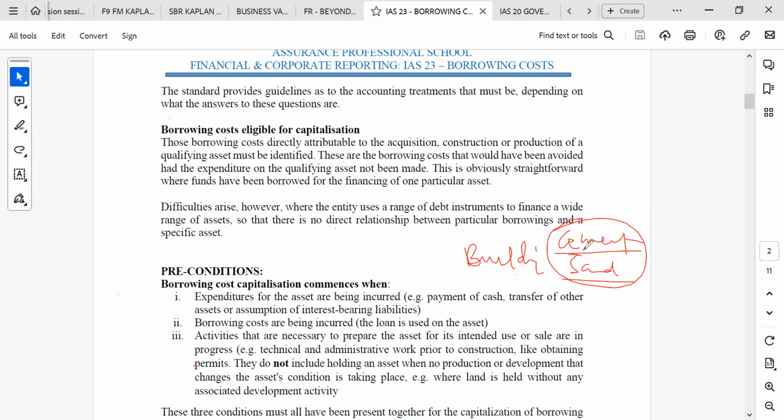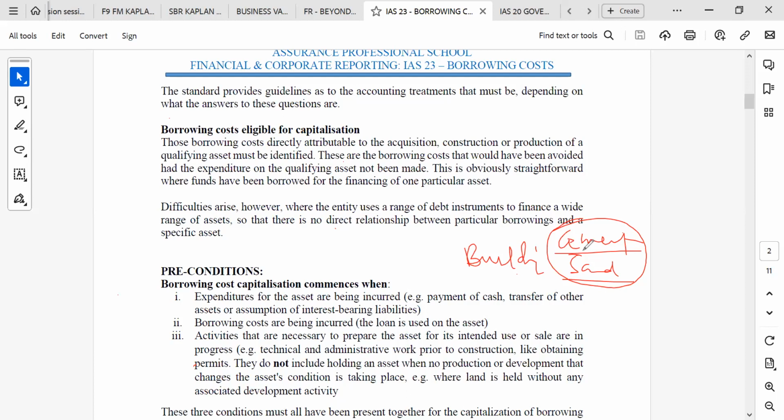Okay, borrowing costs are being incurred. It means that you have actually borrowed towards the construction of the asset. So you have borrowed and you have to pay interest. So that means borrowing costs have been incurred.